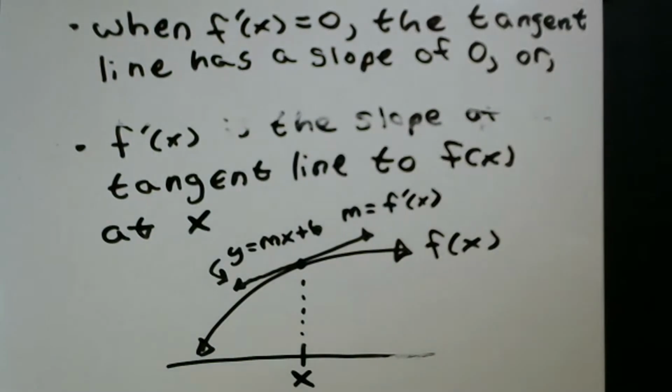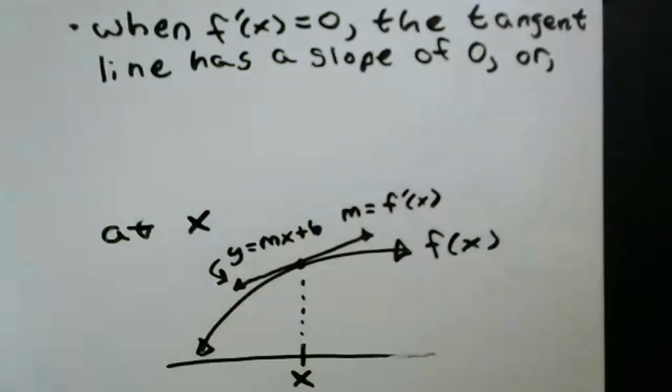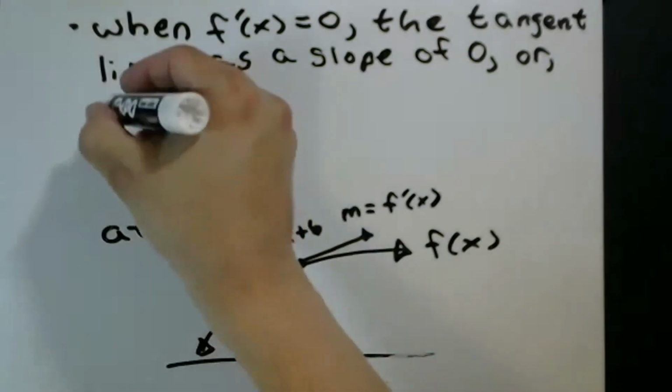Or if we think about lines that have a slope of 0, you can recall from algebra, a line with a slope of 0 is a horizontal line. It's a perfectly flat line.